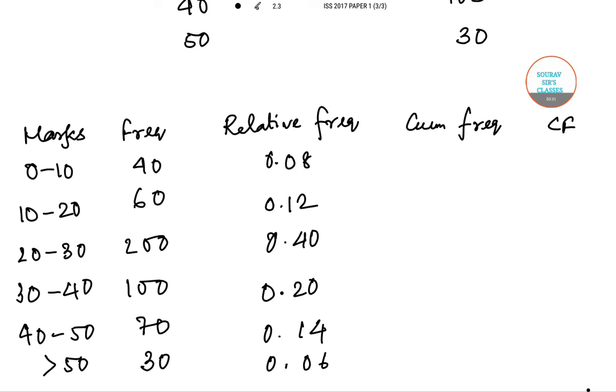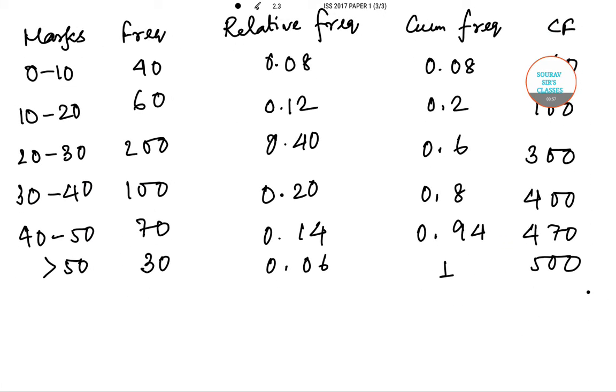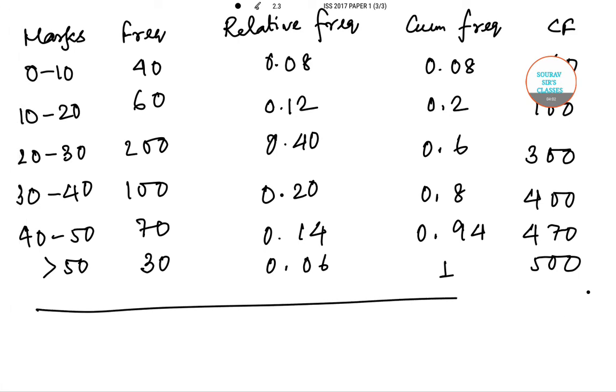So now cumulative frequency will be 0.08, 0.2, 0.6, 0.8, 0.94, and this will be 1. And CF will be 40, 100, 300, 400, 470, and 500. Now the totals will be, this will be 500, this will be 1, this is 501.